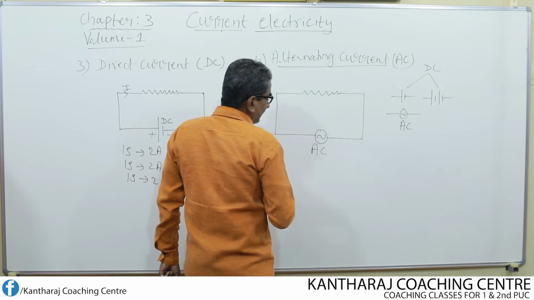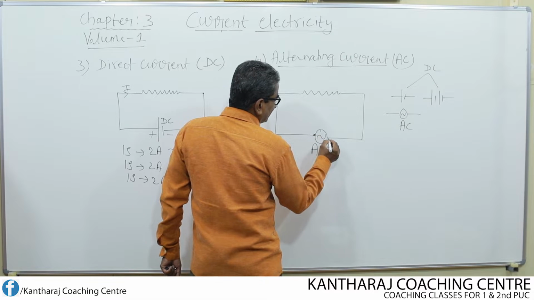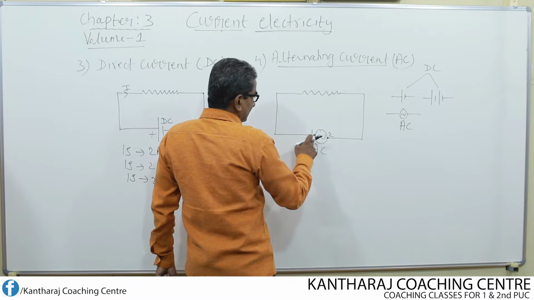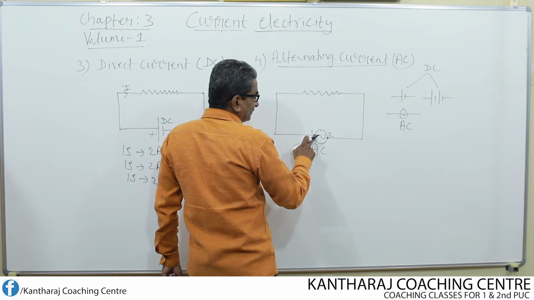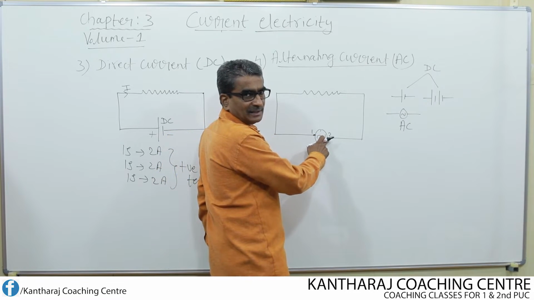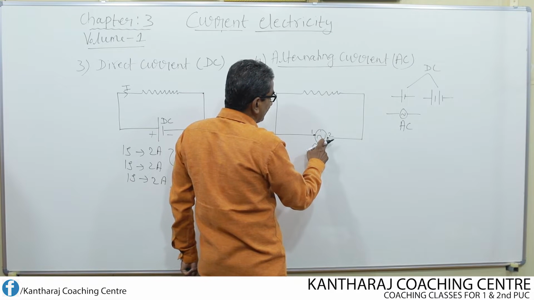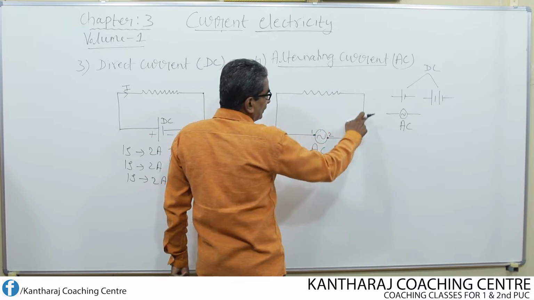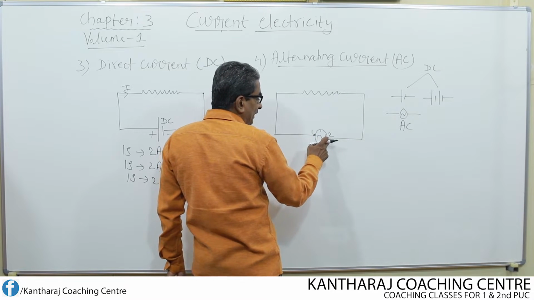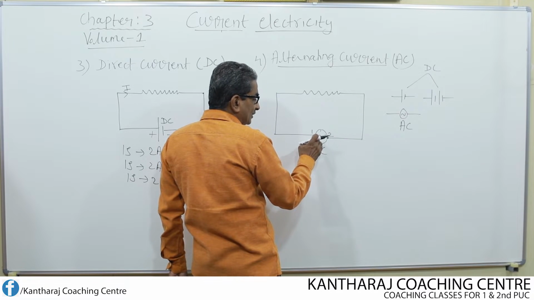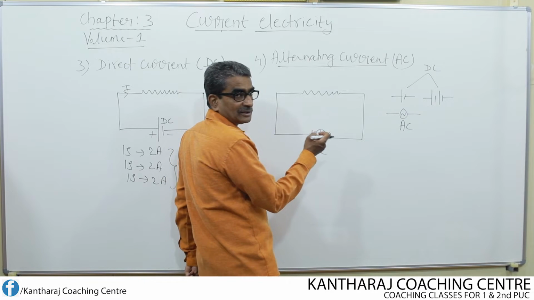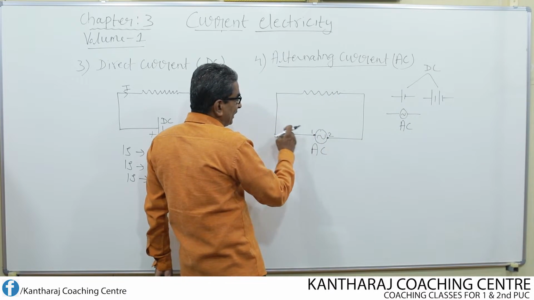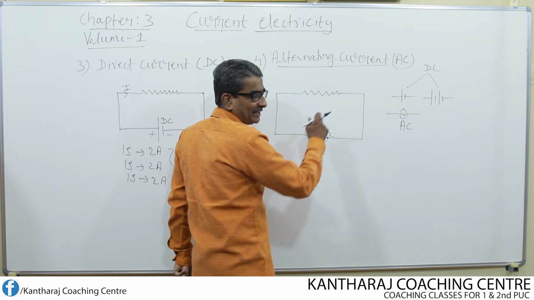Now what happens here, from end 1 to end 2, that means one end of the wire, and this is nothing but another end of the wire. Now current starts flowing from terminal 1 to terminal 2 from this AC source, because this is the source of the current and it is making the current flow through this wire.